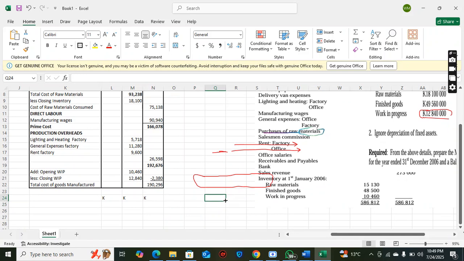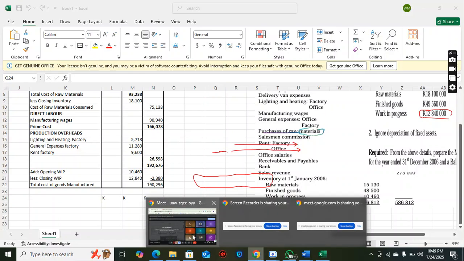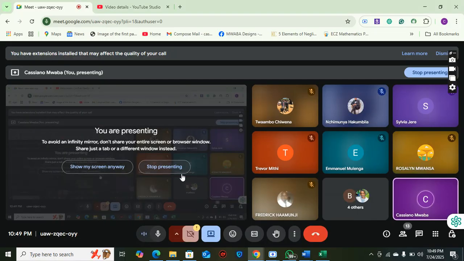Yes, to calculate gross profit. And then the statement of profit or loss? Wonderful. Colleagues, have we got that? Trading account, gross profit. This is the profit you get after you deduct the cost of goods sold.